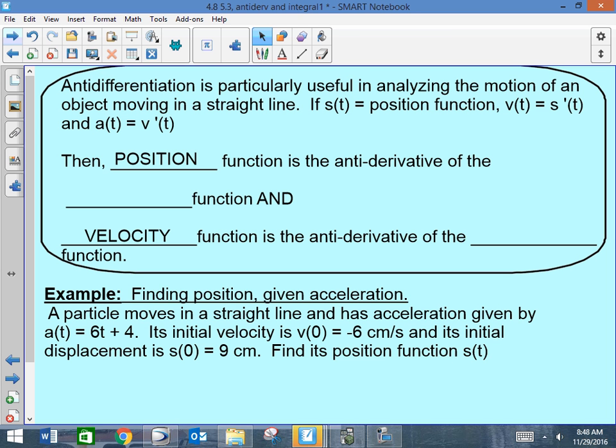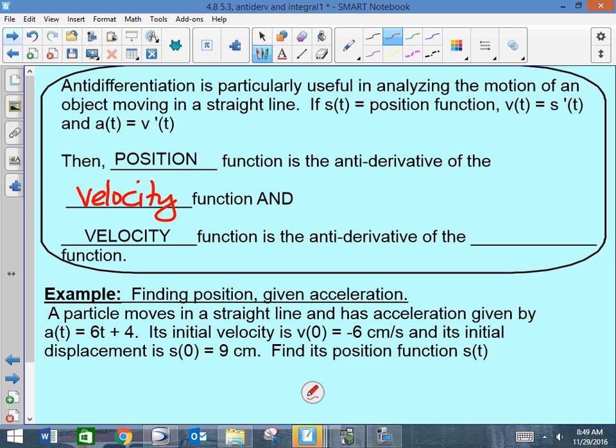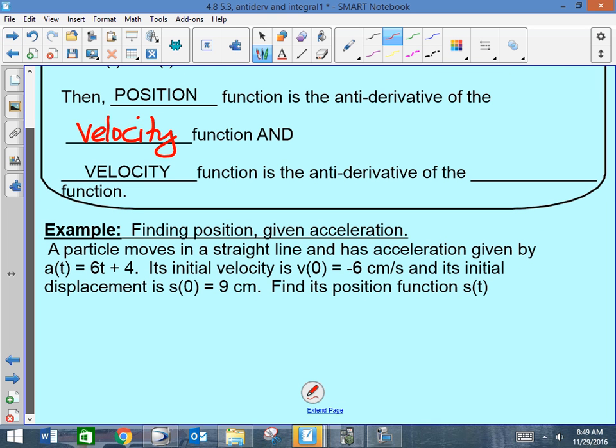All right, so position function would be the antiderivative of what function? Velocity. Okay? So use your names. V of t, position usually is s or x of t sometimes. Okay? The velocity function would be the antiderivative of the acceleration function.